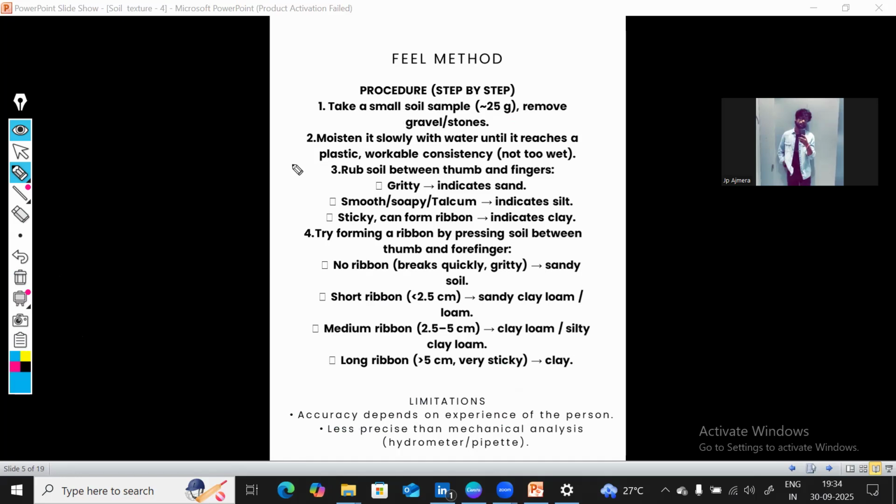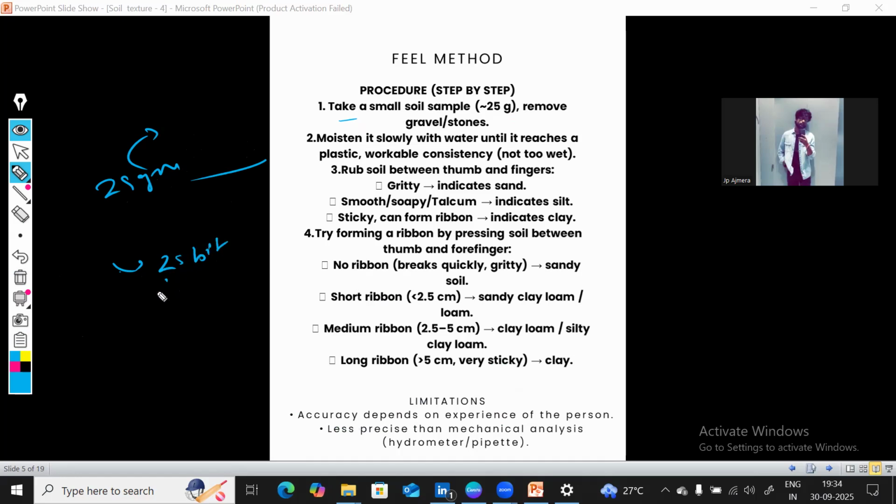Okay, cool. First step is that we'll take the 25 gram soil sample. We'll remove the coarse fragments, that is the gravels and the stones. Then moisten with the water until it reaches the plastic consistency, but do not make it wet. Then second step, we'll add a bit of water.